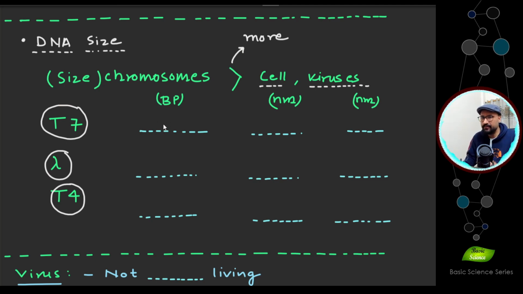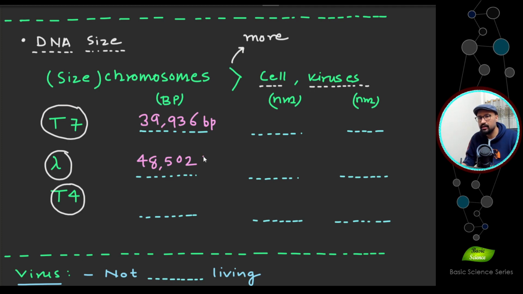For T7, it's 39,936 BP, base pairs. So that's the unit. How many base pairs do you have? 39,936 base pairs.